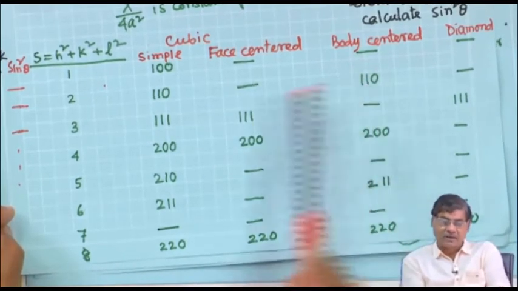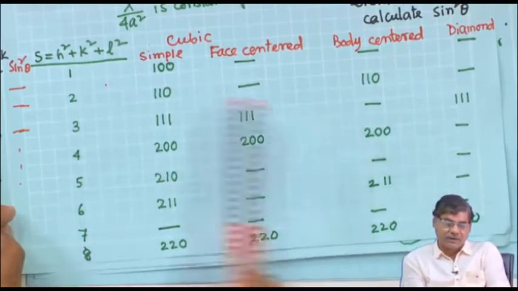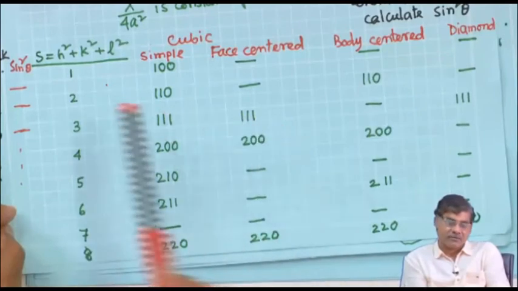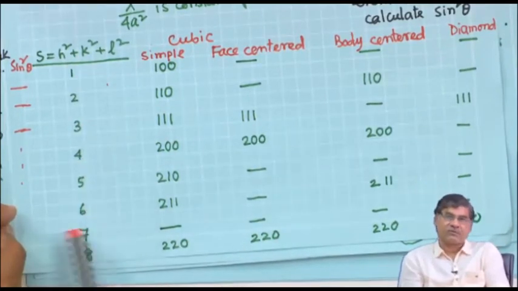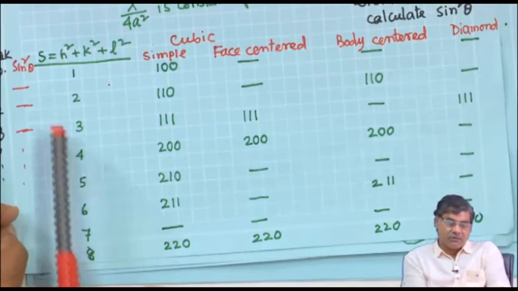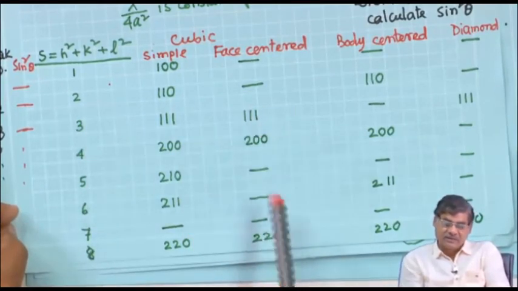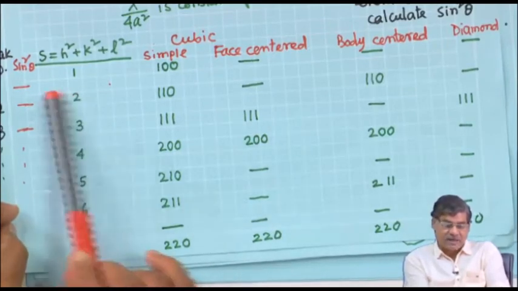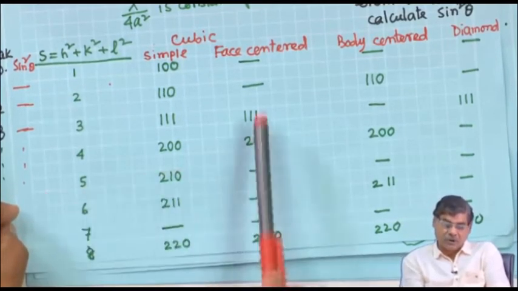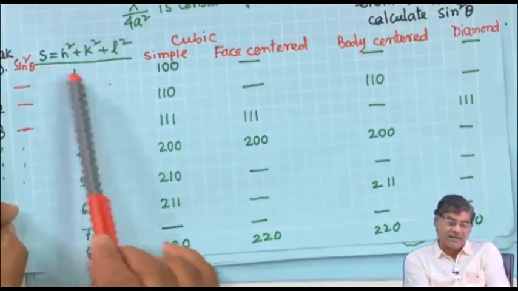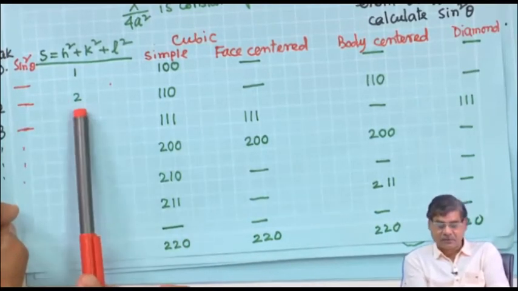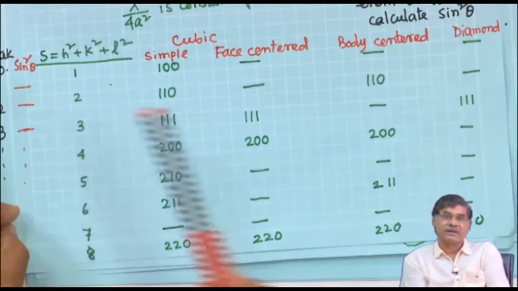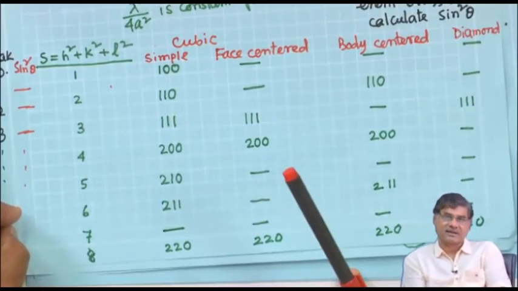So, how will you find out? Basically, you take sin square theta from the pattern and divide by 1, 2, 3, 4, 5. Then you will find that only for some peaks you are getting a constant value, the same value. For others you are getting different values. That means those peaks are absent.